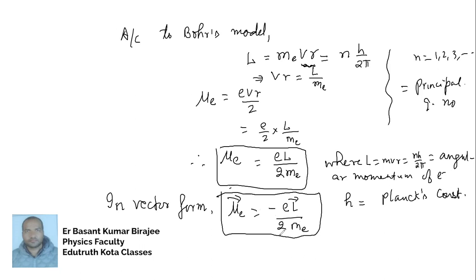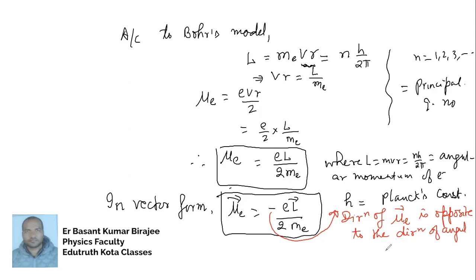This minus indicates that the direction of the magnetic moment of the electron is opposite to the direction of angular momentum. Is it clear?